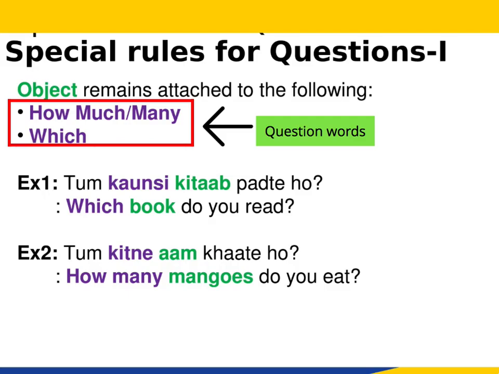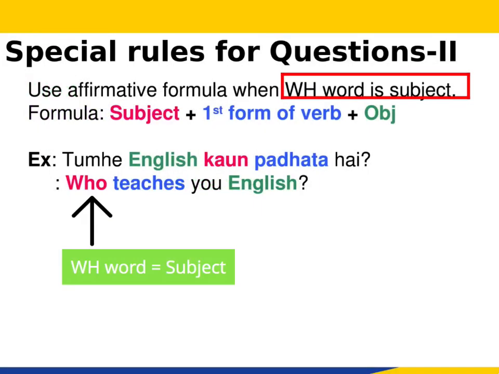Here we look at another special rule for questions. So we can use affirmative formula when WH word is the subject. जब हम लोगों का sentence का जो subject है, when the subject is a WH word or a question word, then we can make the sentence by using the affirmative simple present wala formula.